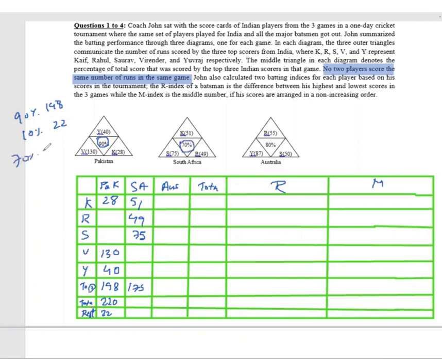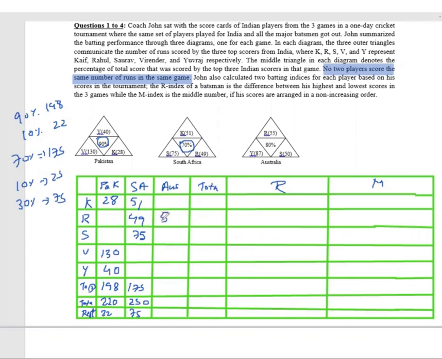If 70% is 175, that means 10% is 25. So the rest 30% must be 75. So the rest scored 75. Total is 250. Last, Australia.